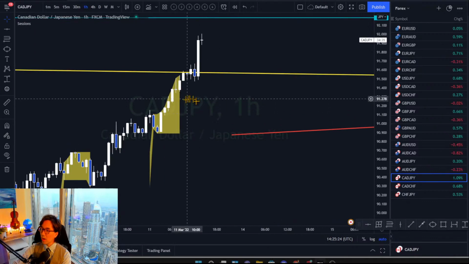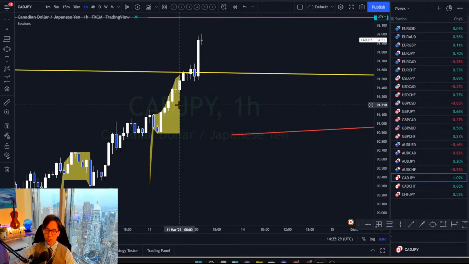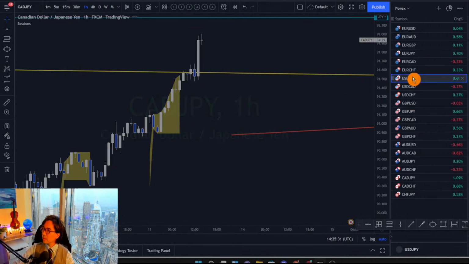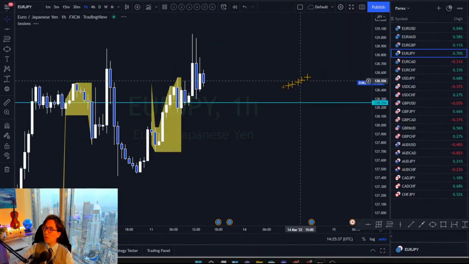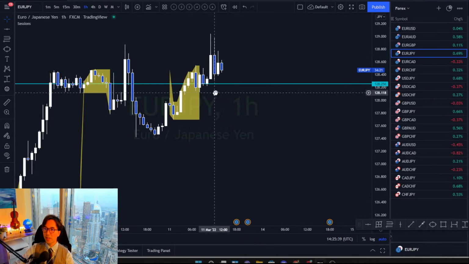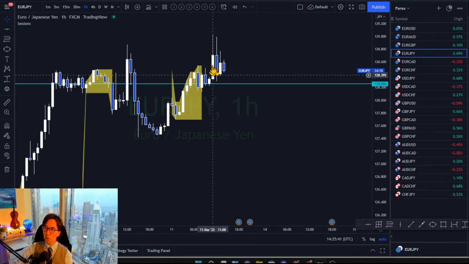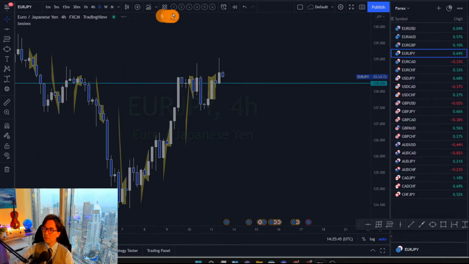And CAD/JPY is also good because it broke the Tokyo box breakout bullish clearly. And USD/JPY, yeah, still ranging as I mentioned. And Euro/JPY is also still ranging. This one broke the Tokyo box high, but in higher time frames, it's ranging.